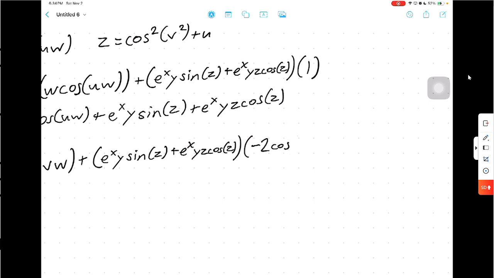Negative 2 cosine of v squared sine of v squared times 2v again.